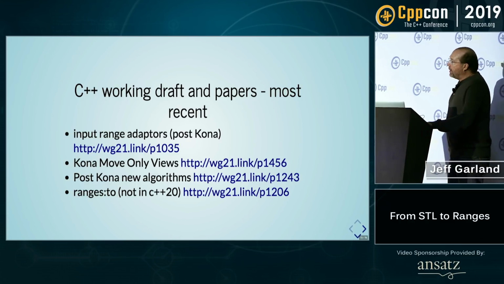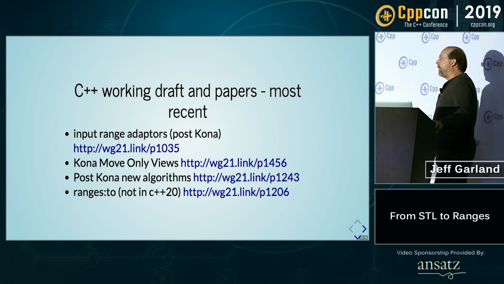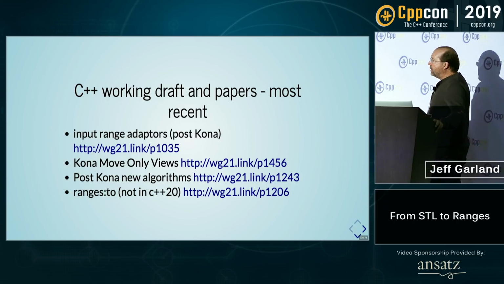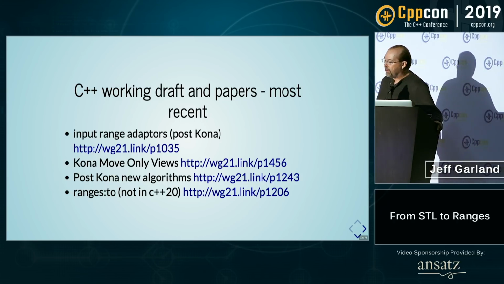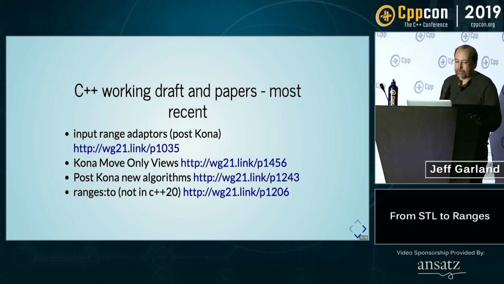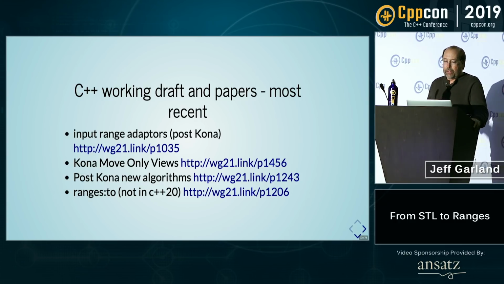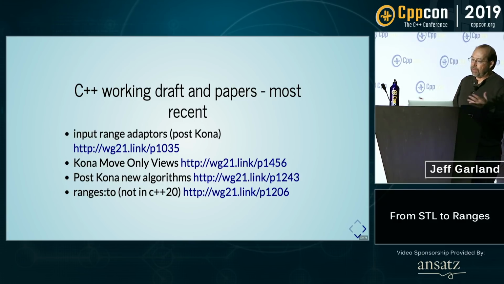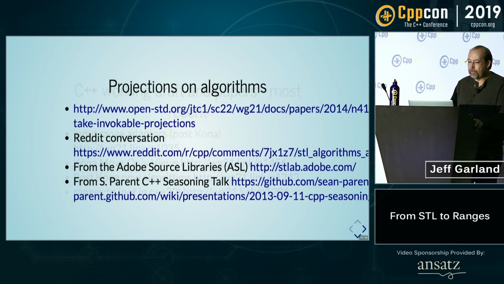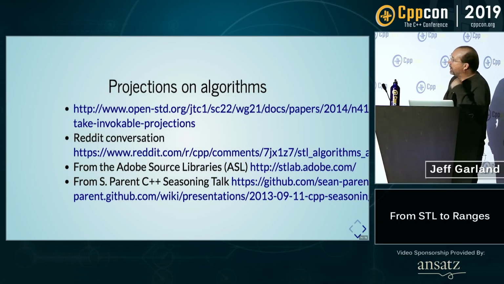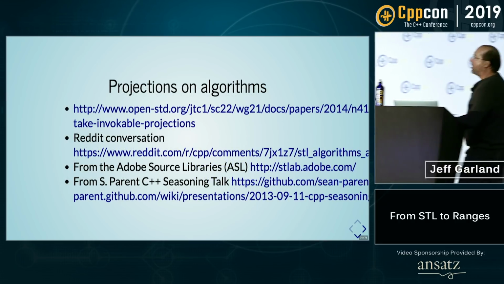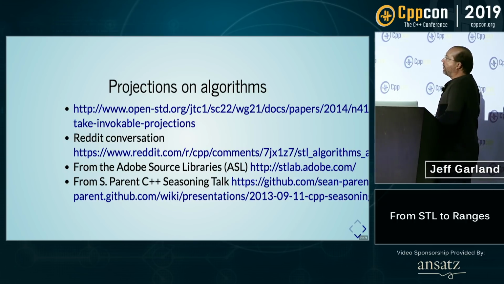Now I will say, I'm sure there's some fans of range v3 that will be disappointed. There's things like ranges 2, which did not get into C++ 20. The ranges, that should be really : 2. That allows you to take the result of your range view and create a new collection from it. Projections on algorithms, and a lot of this is going off the slide, but you can go learn all the details about it.